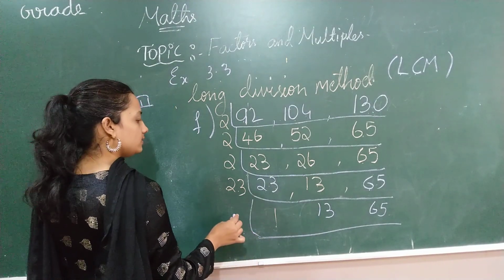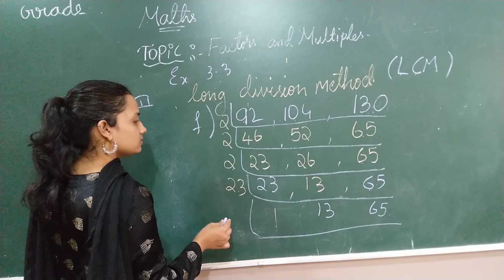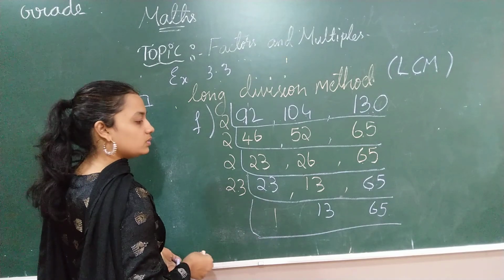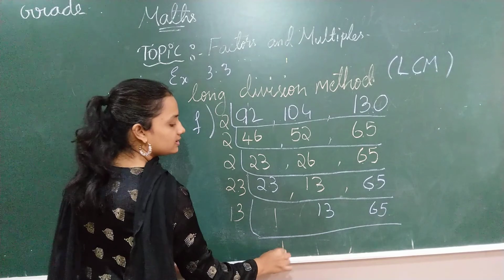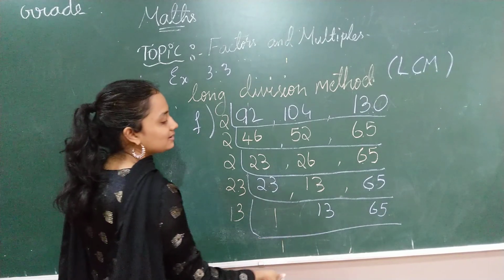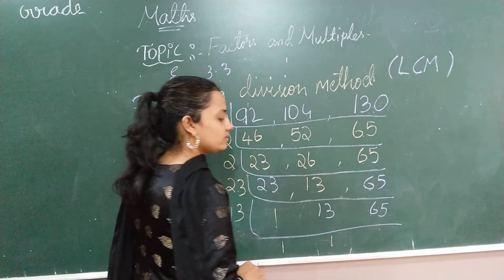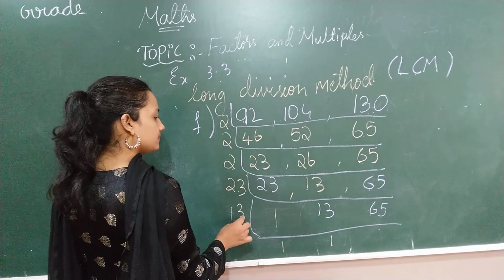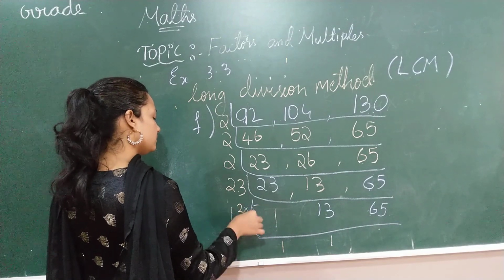Next we'll see 13. 13 can be divided with only 13 because it is also a prime number. So this is 1. We will write down like this. 13 is 1. 65, we cannot divide 65 with 13? Let's see, into 5: 5 3s are 15, 5 6s are 30, 65.